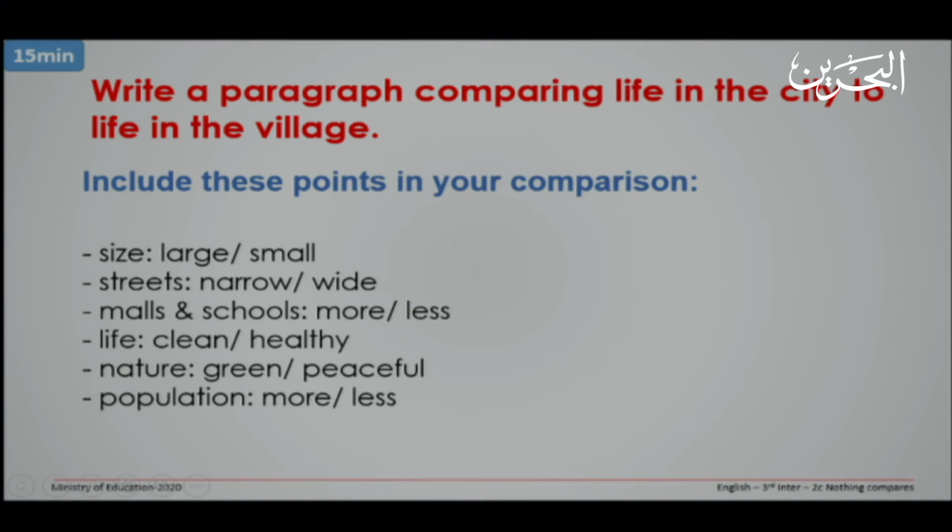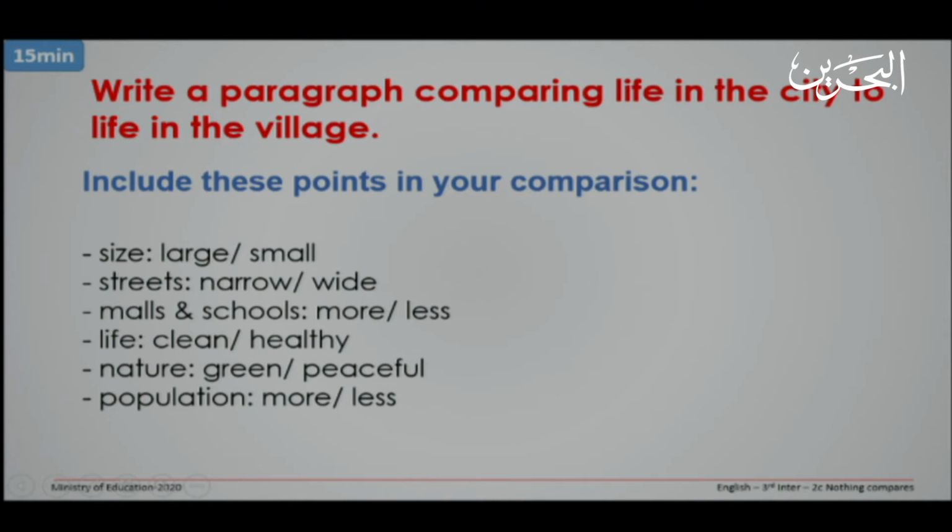Now that we've written sentences and we've identified the comparative and superlative forms, we're going to use that in writing a paragraph. You're going to write a paragraph comparing life in the city to life in the village. You have to include these points. Tell me about the size of both. Which one is larger? Which one is smaller? Talk about the streets, whether they are narrow or wide.